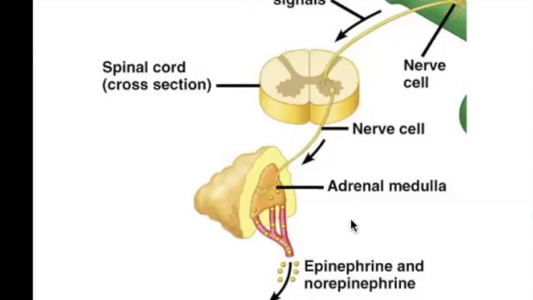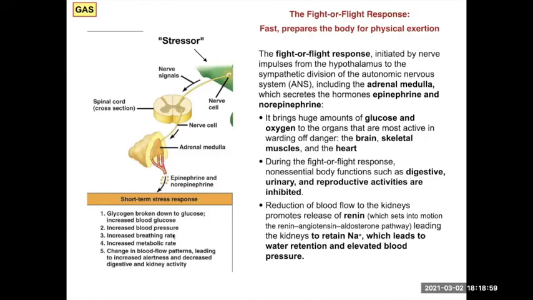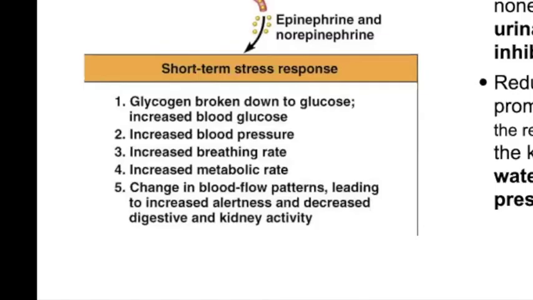The effect of that secretion is, for the most part, to get your body ready for physical exertion in some way or another. We talk about fight or flight, but this also happens when you start exercising heavily, anytime you're really using your body a lot. So what do you need to get your body ready? You need a lot more glucose because your body's going to need more energy.